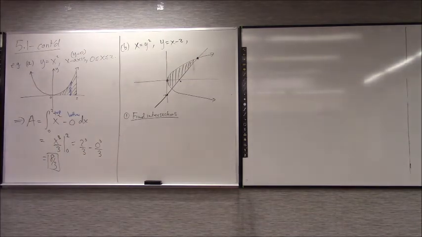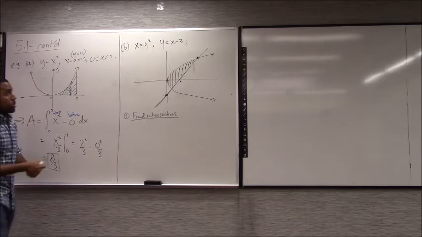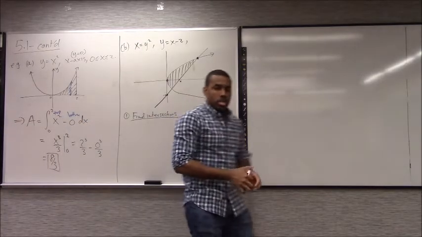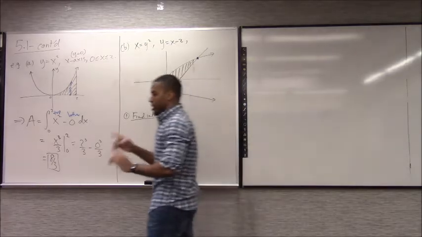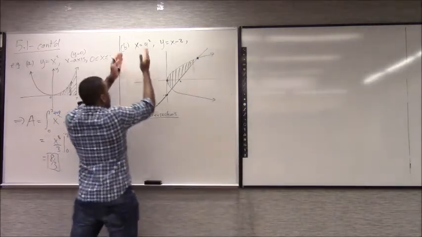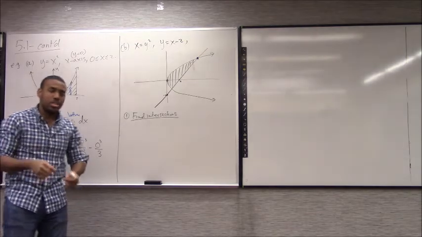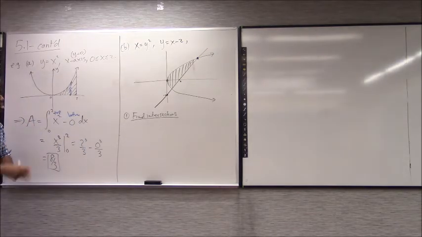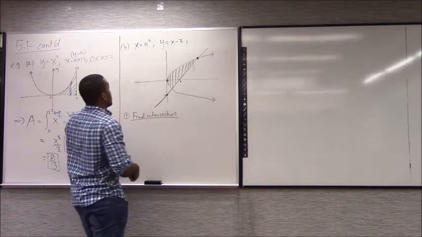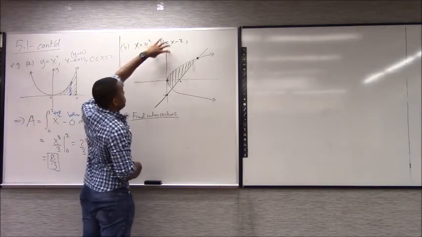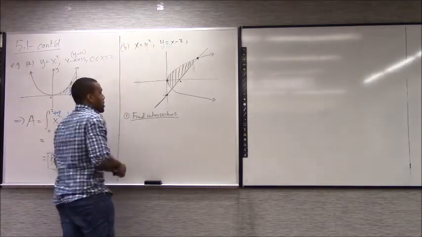How do we find the intersection? You have to equal the two equations. That's one way to do it. When it comes to finding intersections, you want to think of it as plugging one into the other. On paper it's equivalent to setting two things equal to each other, but you really want to think of it as substituting one into the other. So I can take this guy and plug it in that guy.